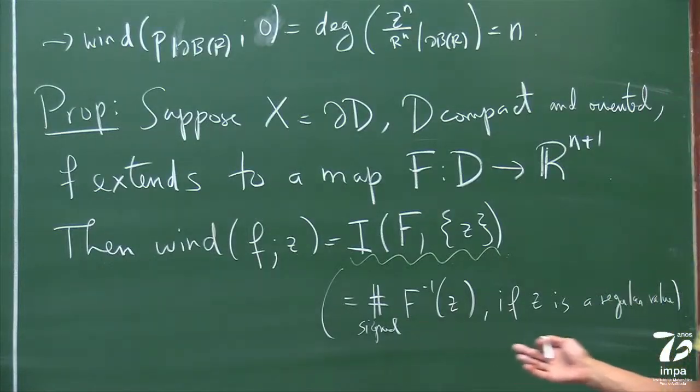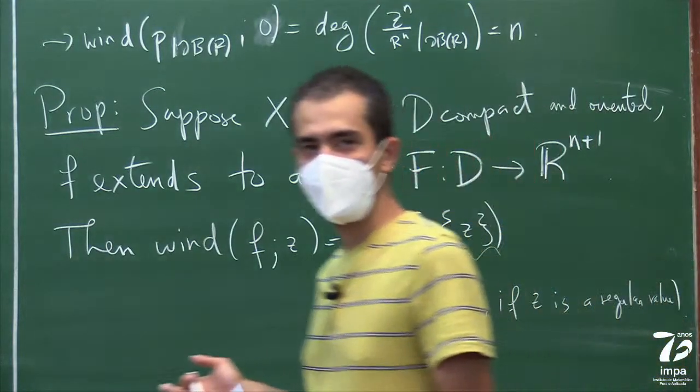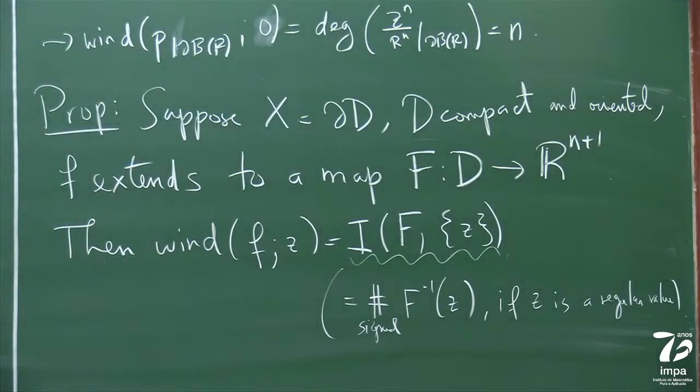But I'm not really assuming that. Anyway, I think I should say a few words about what this means. If you understood intersection theory so far, it's not hard to figure out what it means, but I think it's worth saying a few words.